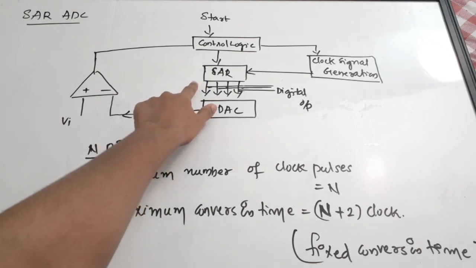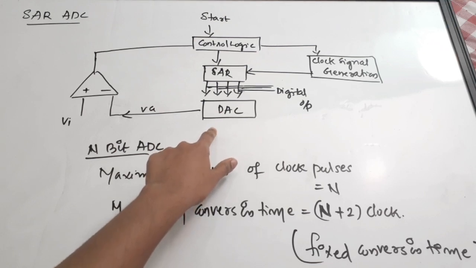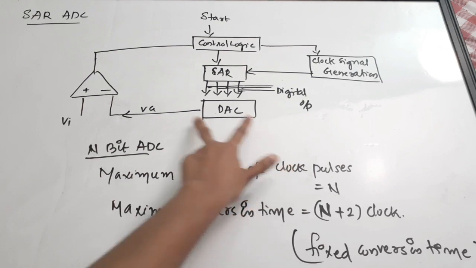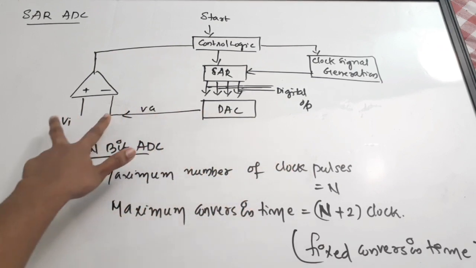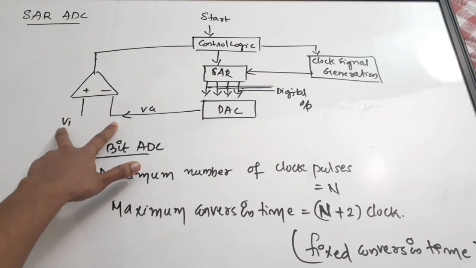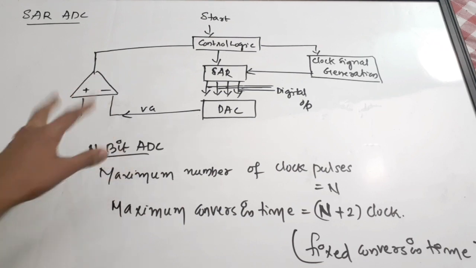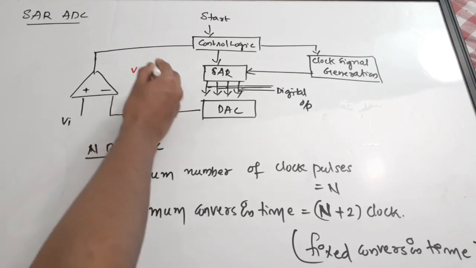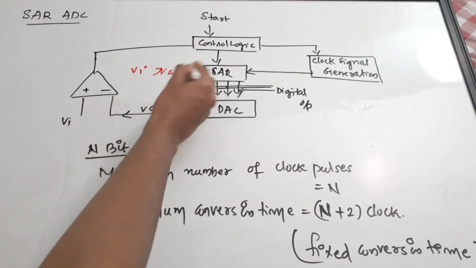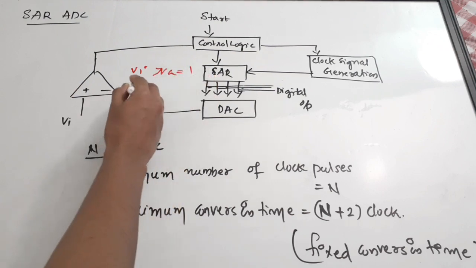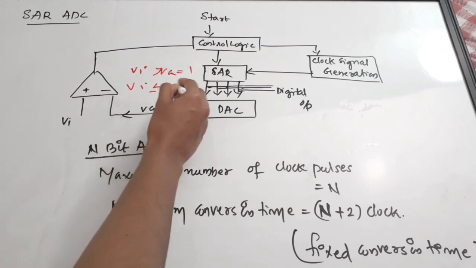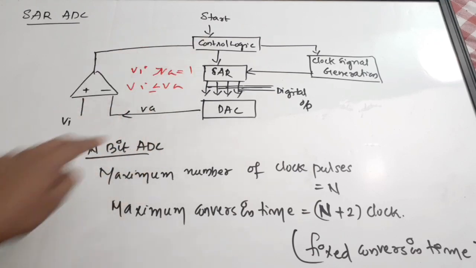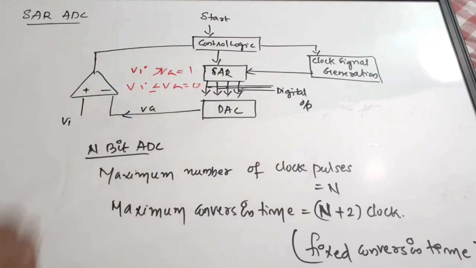The output of this successive approximation register is given to the DAC. Again, the DAC will convert the digital representation back to the analog voltage, and a comparison is done here in the comparator. Okay, it is just like the previous case. When Vi is greater than Va, your output is equal to 1, and when Vi, the input, is less than or equal to Va, your comparator output is 0.